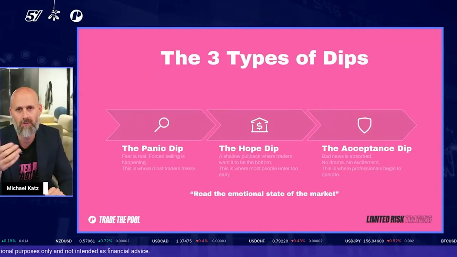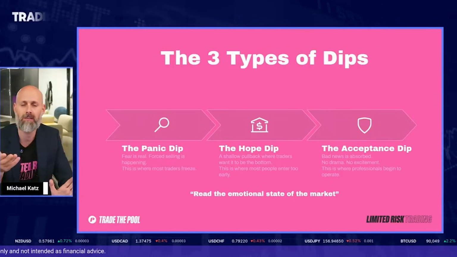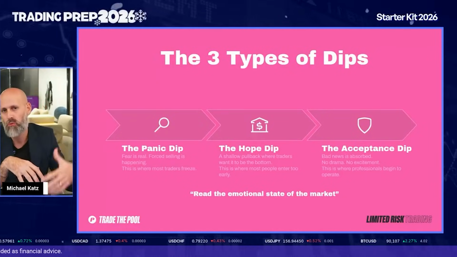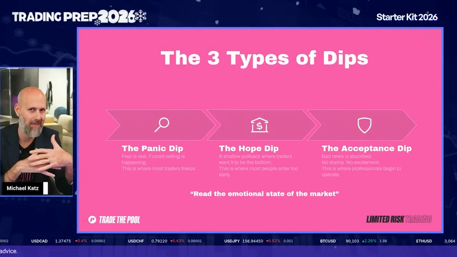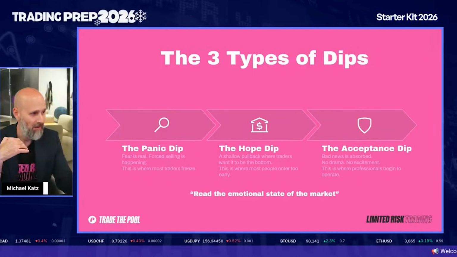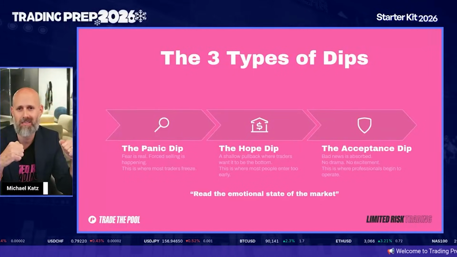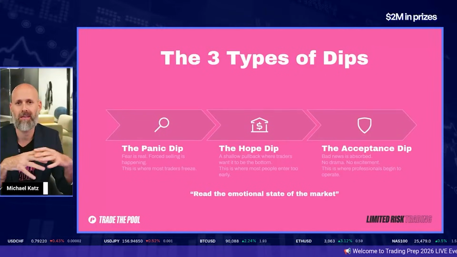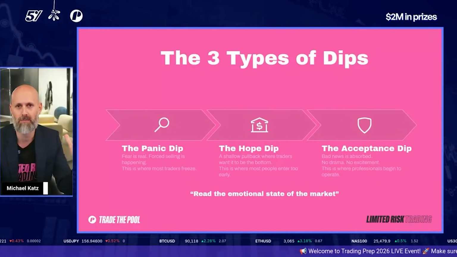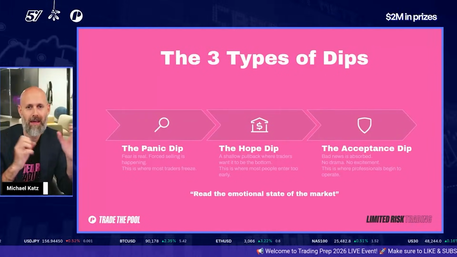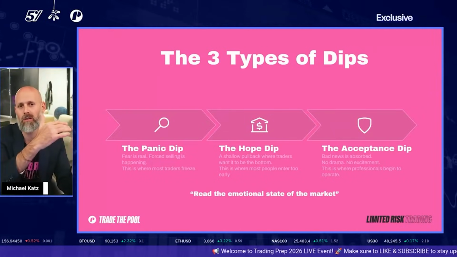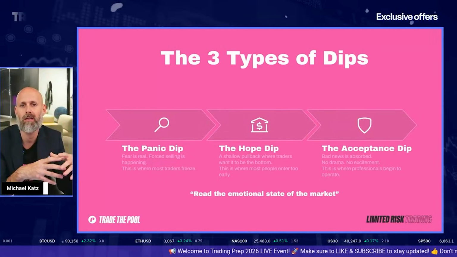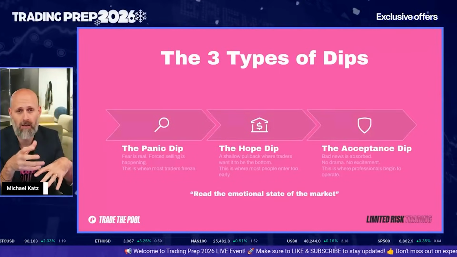I'm sure most of you guys were around at COVID time. The market dropped rapidly. Everyone got into a panic stage, forced selling like crazy because everyone thinks that the world is about to collapse. And that was the place where another push to the downside, then a bounce, a little bit of a bounce.